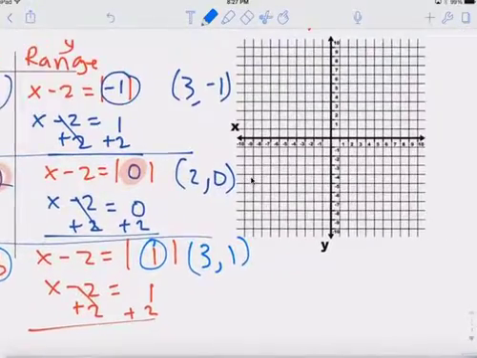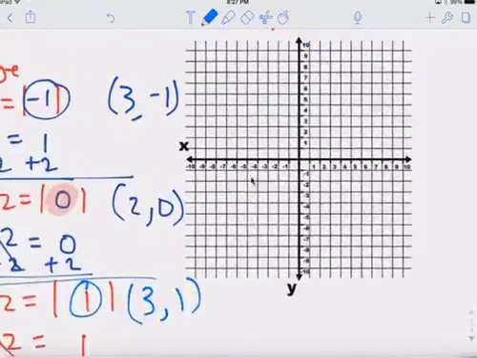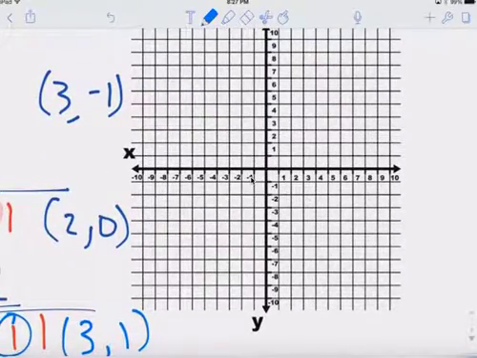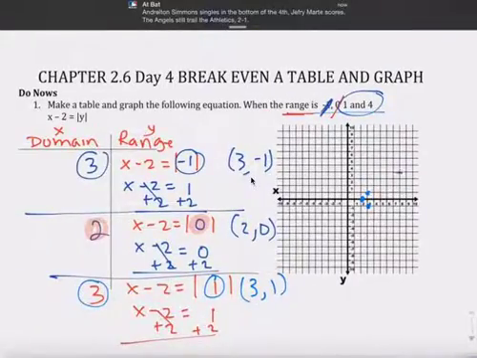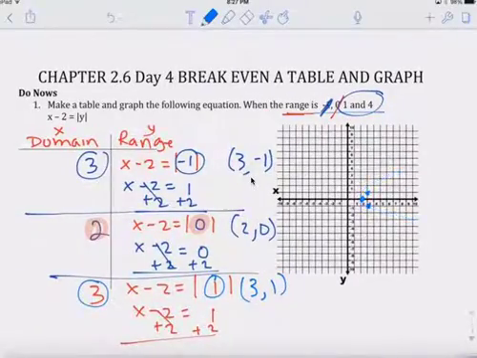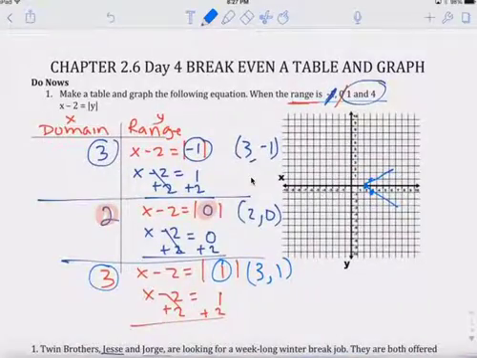Okay? So 3, negative 1 here, 2, 0 here, and 3, 1 here, and then you do the 4, and then you graph it. Okay, that's how you do that.